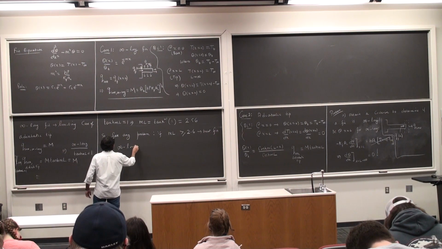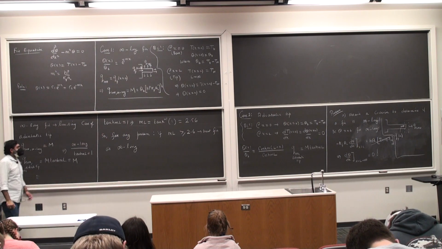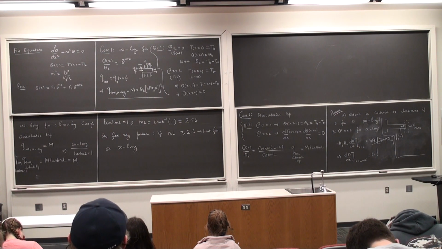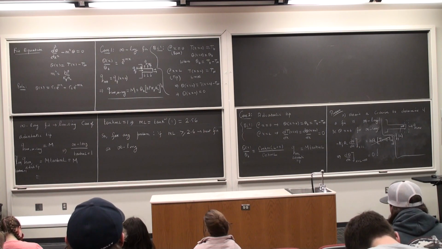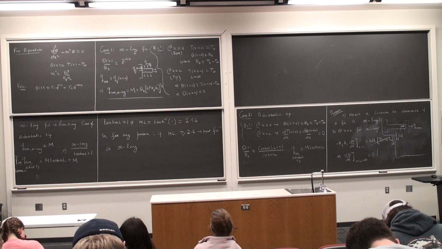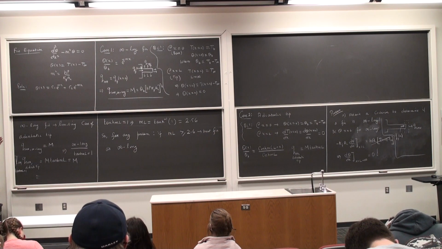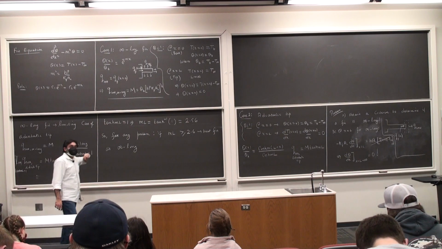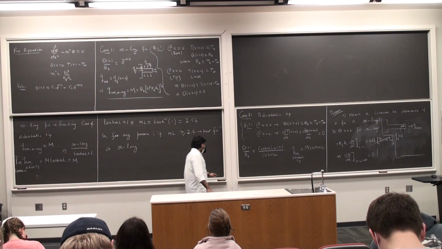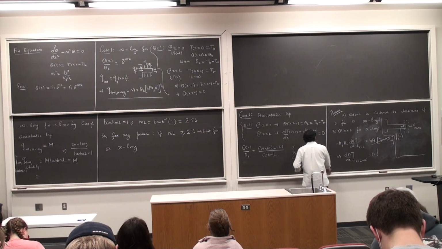The great news being, if you have an infinitely long fin, the equations are very simple. It is just an exponential decay, and I have the heat loss rate is equal to capital M. Okay. So now let's go to the problem, second part of the problem.